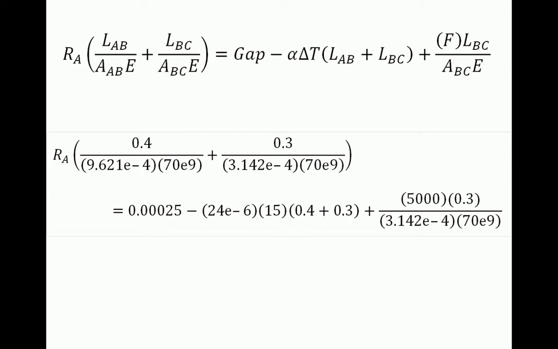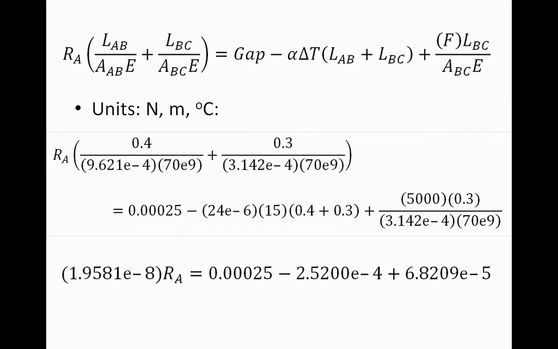The temperature change is 15 degrees C, and we're able then to solve for R sub A. In a couple of steps, we've isolated R sub A on the left side, and doing the math, it comes out to be 3,381 newtons. That's the reaction on the left side.